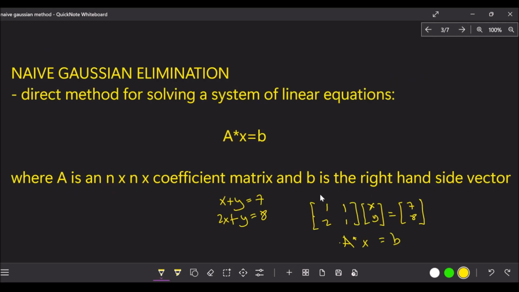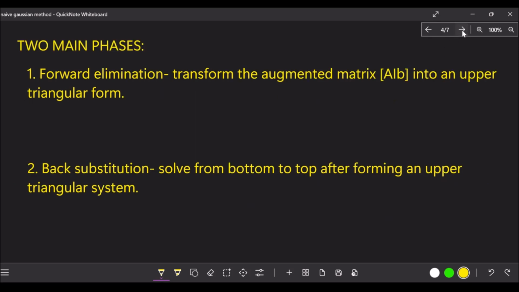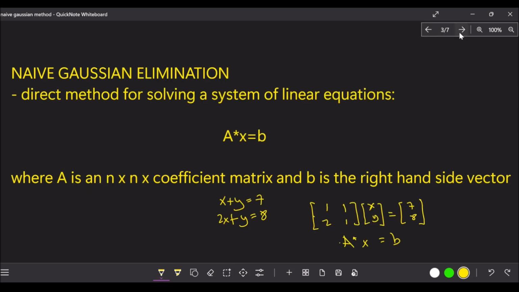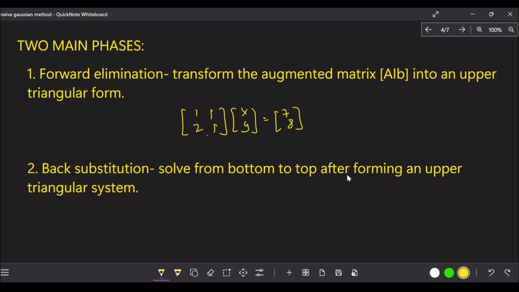Going back to our previous example, we have 1, 1, 2, 1, the variables x, y, and this is equal to 7 and 8. Let's check first if that's correct. Okay, correct.